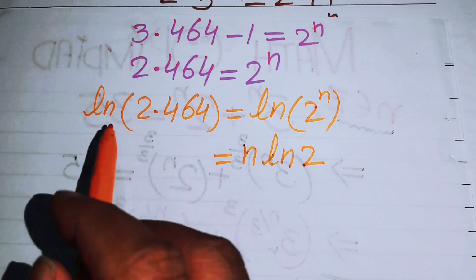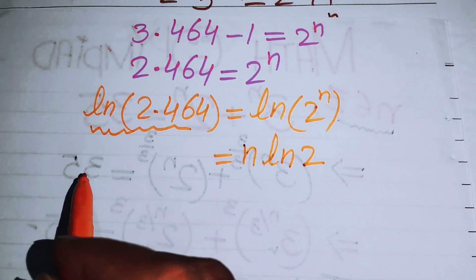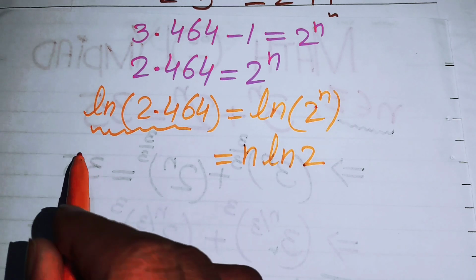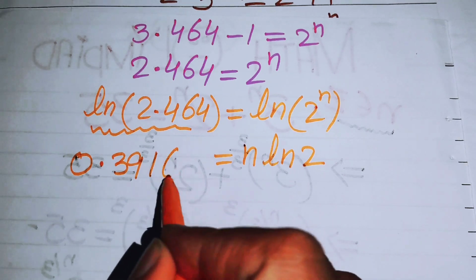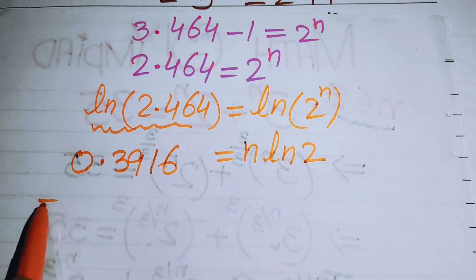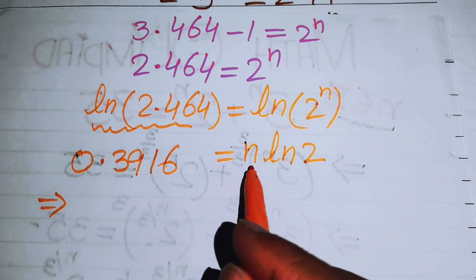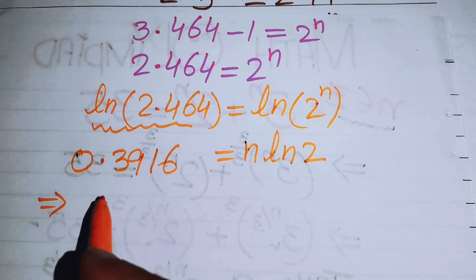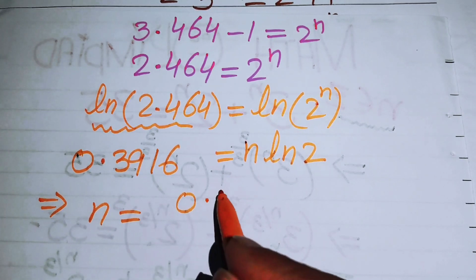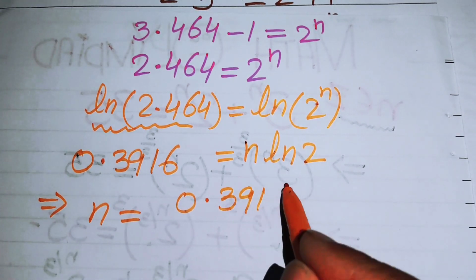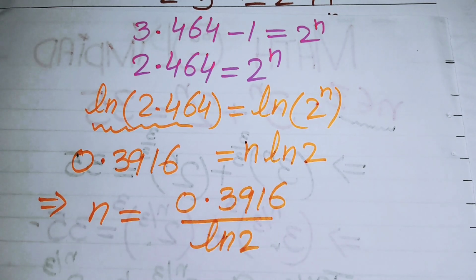So by using the calculator, you will get the value of this expression will be 0.3916, and because we want to find the value of n, we move this ln2 to the right hand side, and you will get n equals 0.3916 over ln of 2.